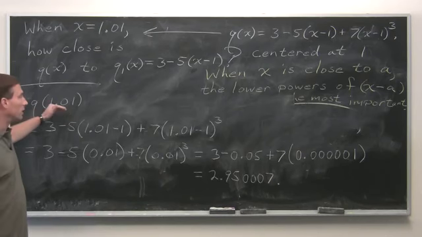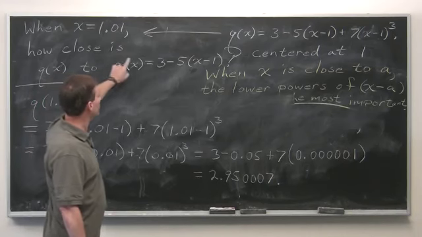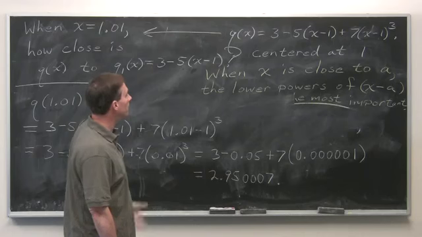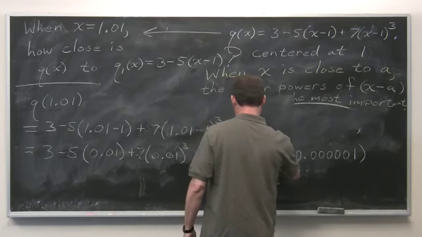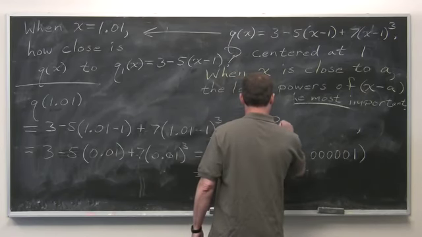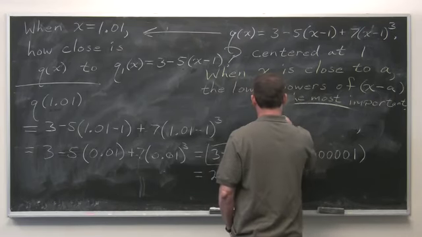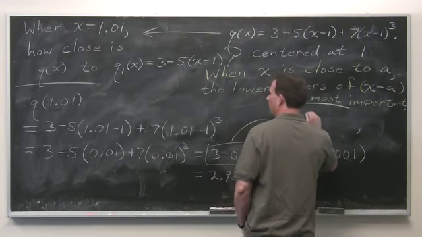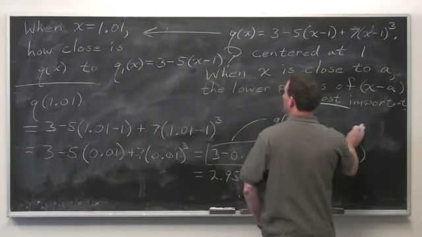What happens when we approximate it just by this first order partial sum? Well, that would have been just this part. This part is q sub 1 of 1.01. Right, we just do this part, so it's the 2.95.